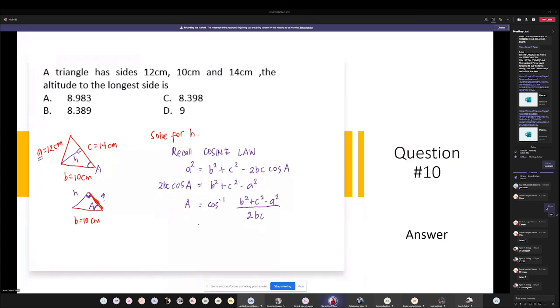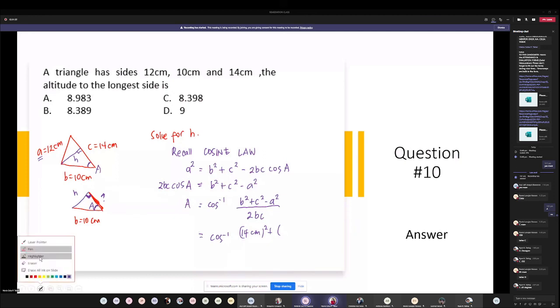Okay, so we need to solve for angle A first before we can solve for the altitude to the longest side. So we plug in the given values. We have 14 cm. You square that. Add the square of C. B is 10.